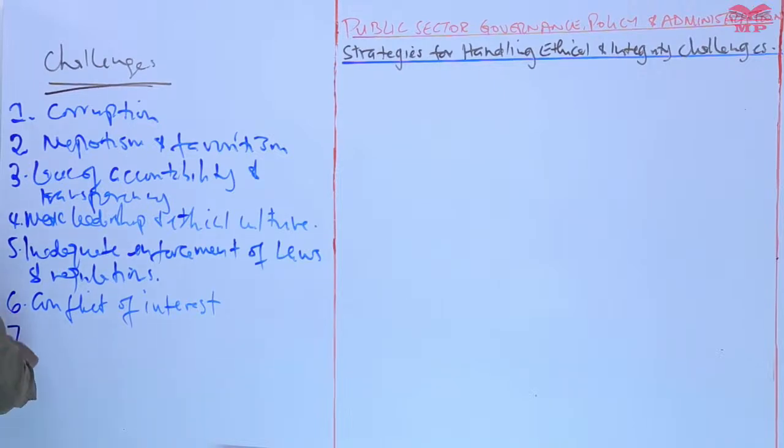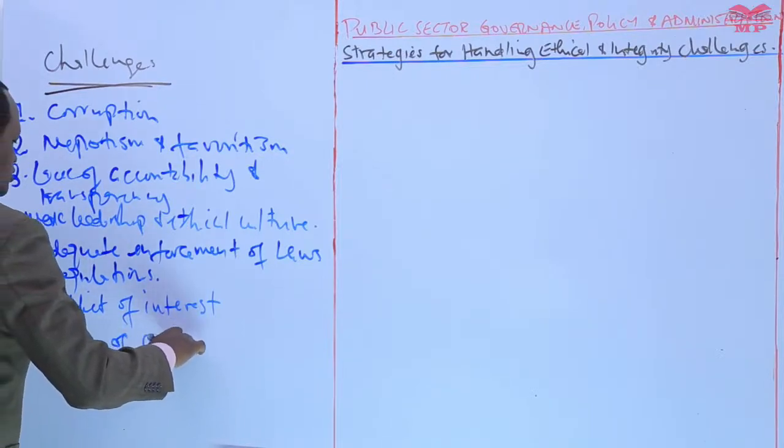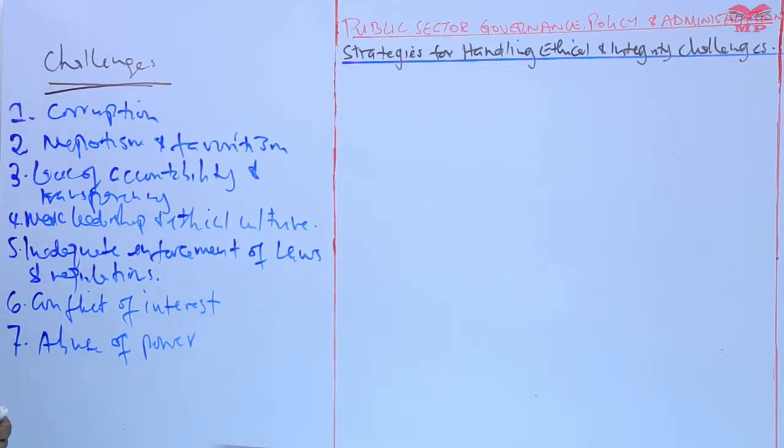We've also many instances of abuse of power or abuse of office. The misuse of official authority for personal gain is another ethical challenge, and that can manifest in various forms, such as demanding bribes, using public resources for personal purposes, intimidating subordinates, and so on.